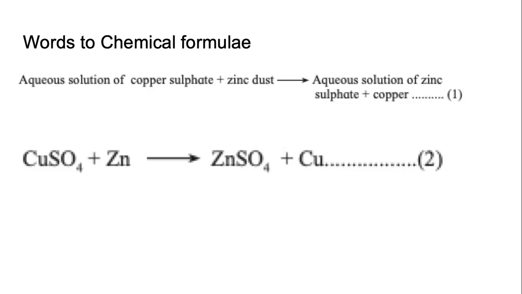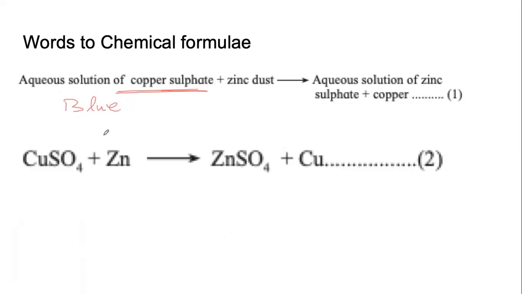But what we will observe when we do that experiment is that there will be a change in the color of the solution and copper will be formed. Do you remember the color of copper sulfate solution? We studied this in class 9. Blue, very good.